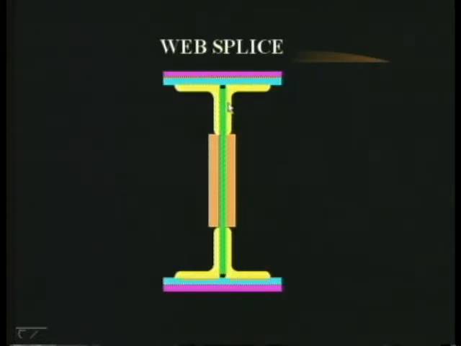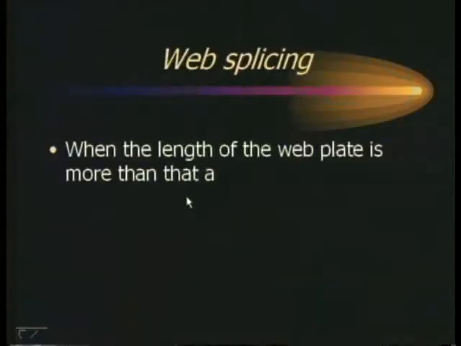Here we have one piece, here another piece, and in the center one piece. The central piece will take shear, and the pieces at the top and bottom will resist bending moment. Okay? You can make a note of this.